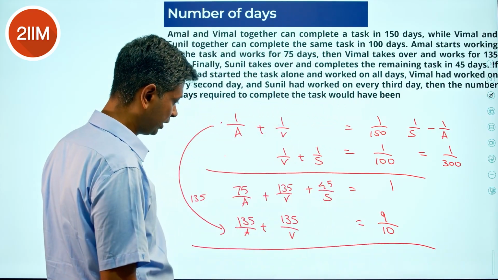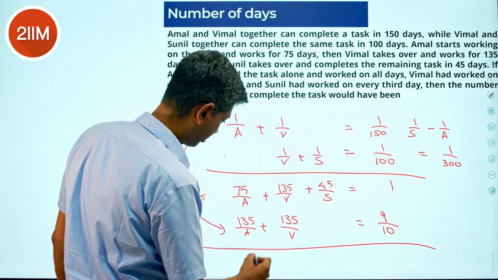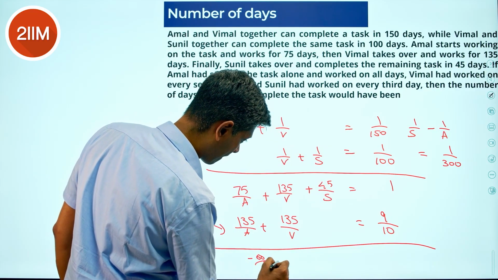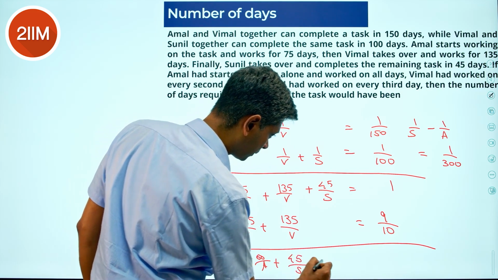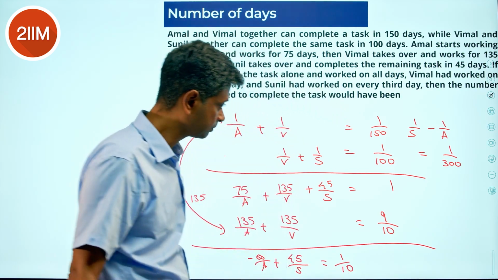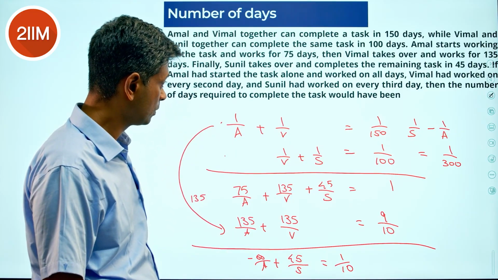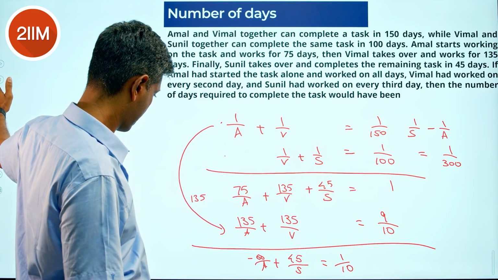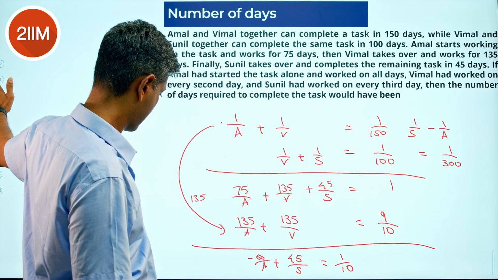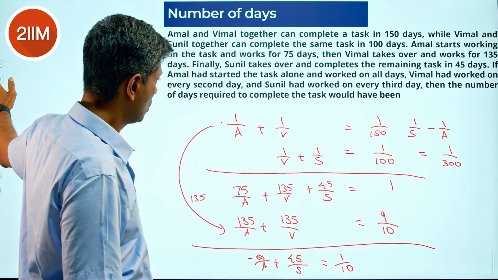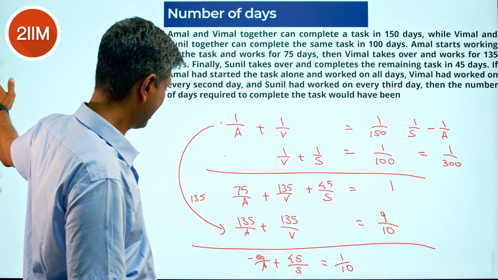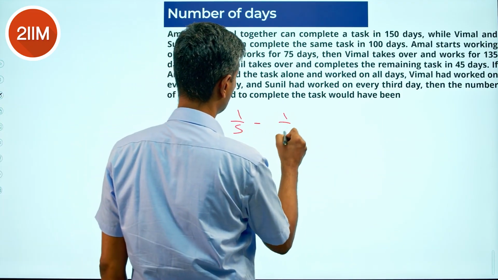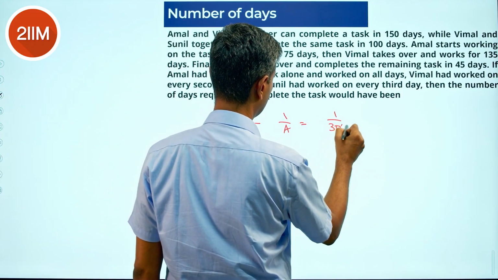You have to subtract one from the other. From the first one, I subtract the second one: minus 60 by A plus 45 by S equal to 1 by 10. 1 by S minus 1 by A. Okay, let's do this. 1 by S minus 1 by A is 1 by 300.